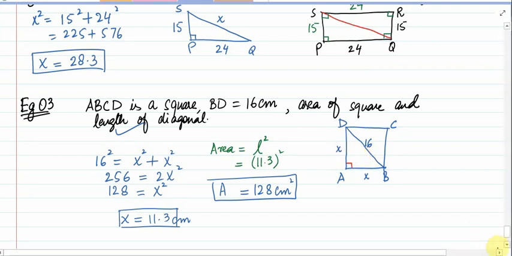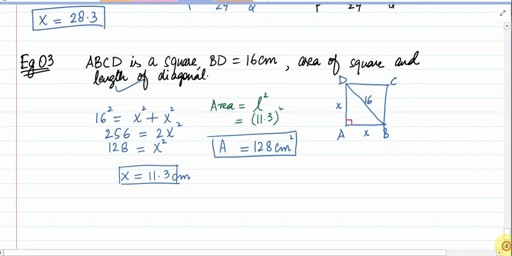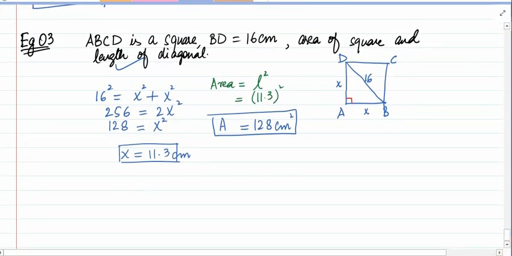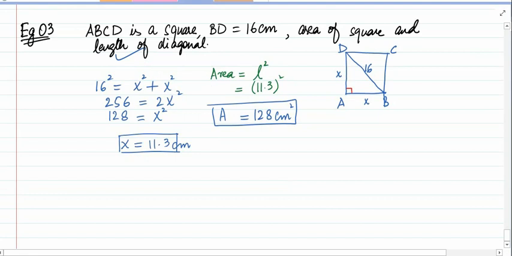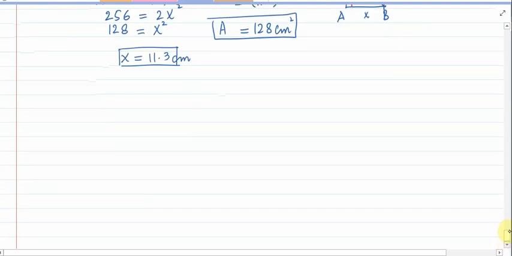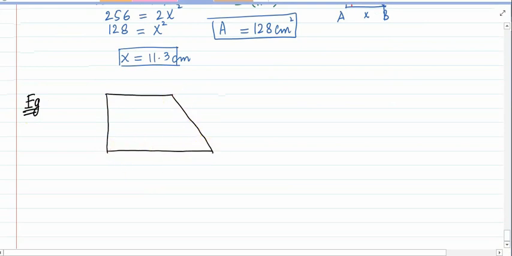Okay, next one. Now this time let's suppose we have a shape called a trapezium. For example, how does our trapezium look? That is a trapezium in which these two sides are parallel, right?